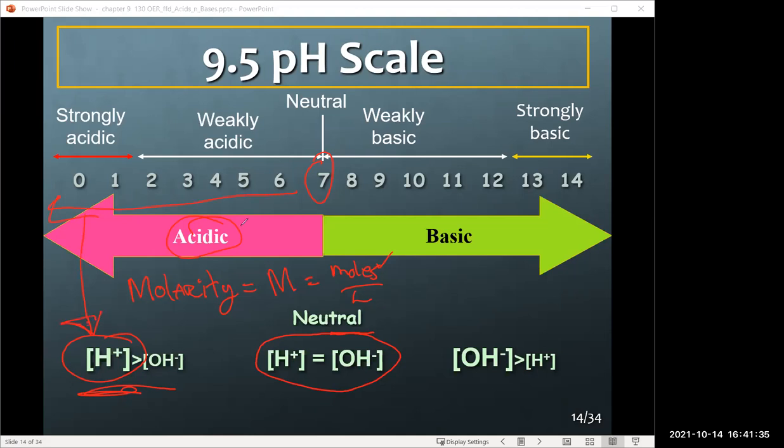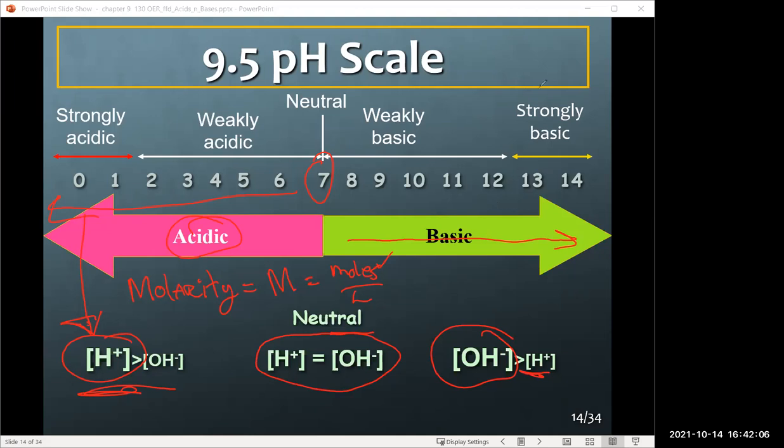Okay, and when the concentration of the base, the sodium hydroxide, is greater than the proton, we are in what's called a basic solution. It's a basic solution or an alkaline solution. It's another name they use, either acidic or alkaline. Okay, pretty strong stuff up in here, and we'll come back to this here in a bit.